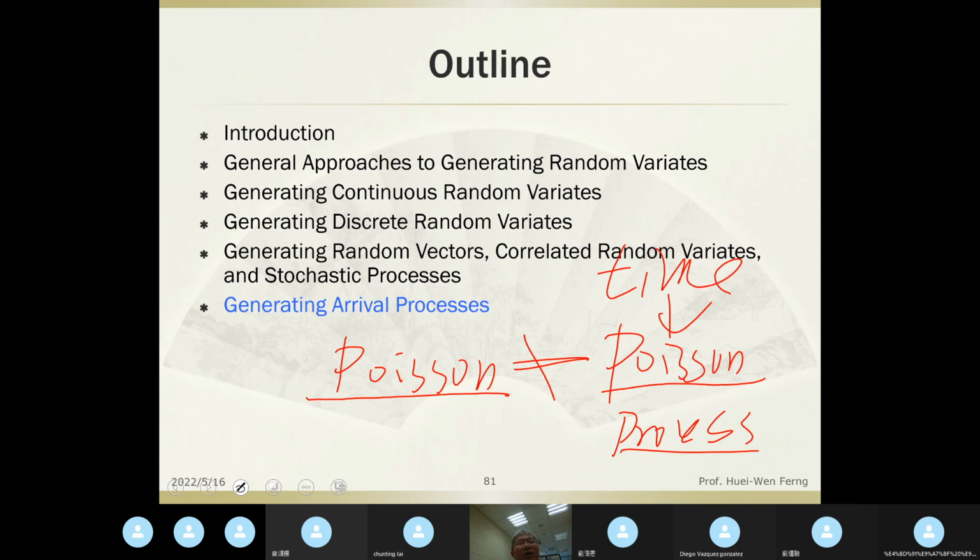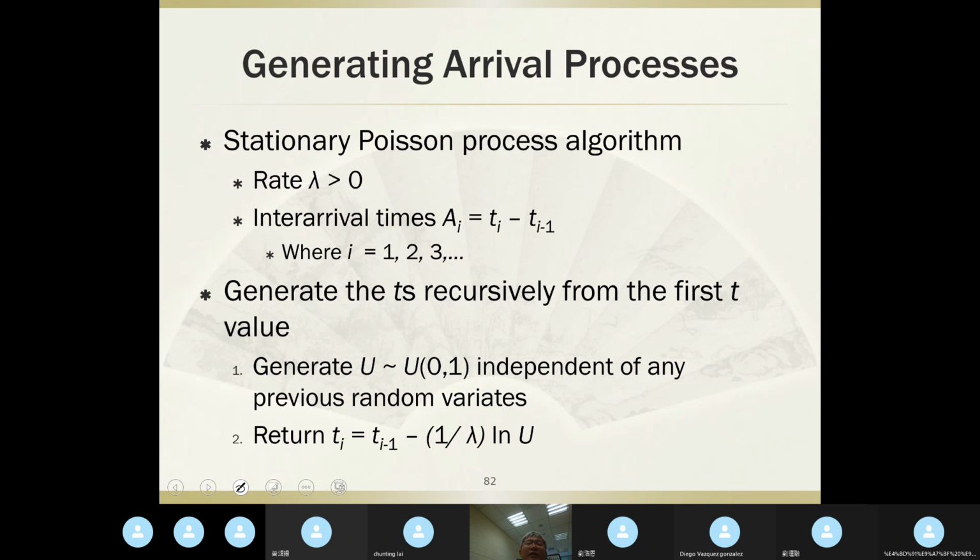And right now, talking about the arrival process, we may have the Poisson process. And we have the stationary Poisson process that says we have a fixed rate. With the fixed rate, then we can emphasize the inter-arrival time. It is the exponential, right?